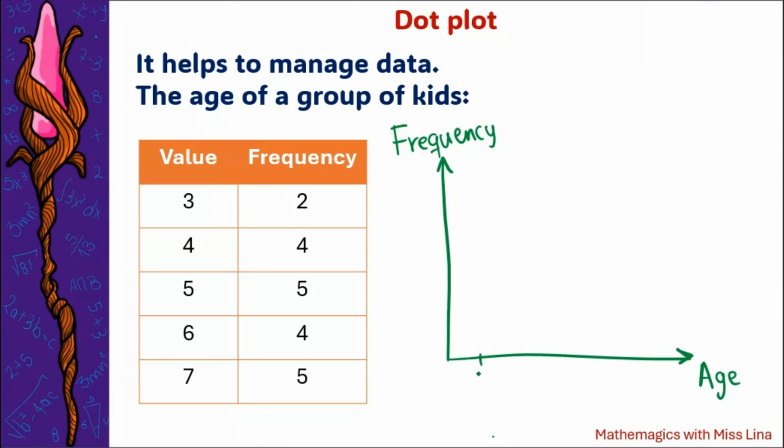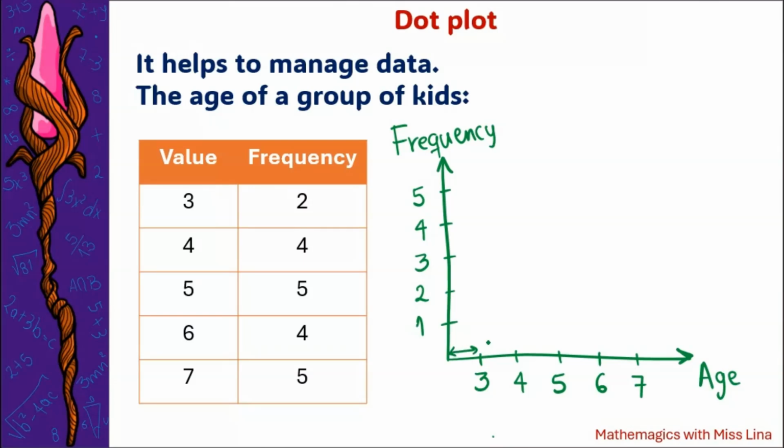In this case, we are going to start at 3 and go until 7. And in the frequency, the biggest one is 5, so we're just going to divide it in 5 parts. Here I'm doing it by hand, but the idea is to do it with a ruler.